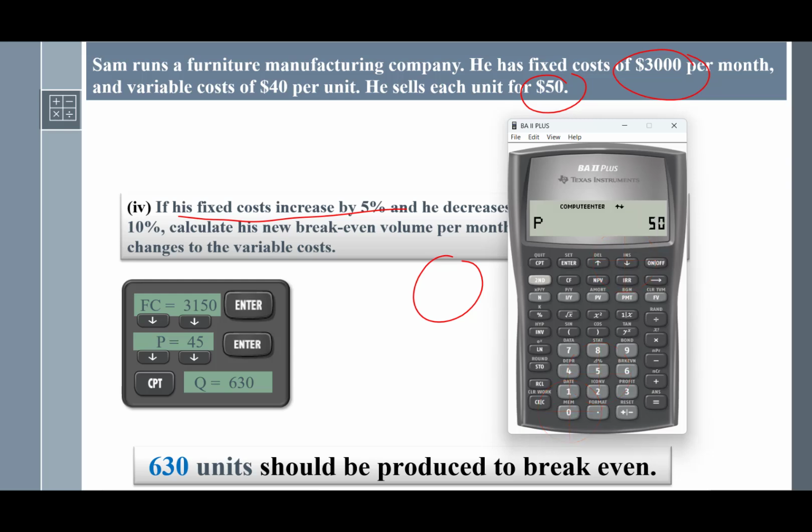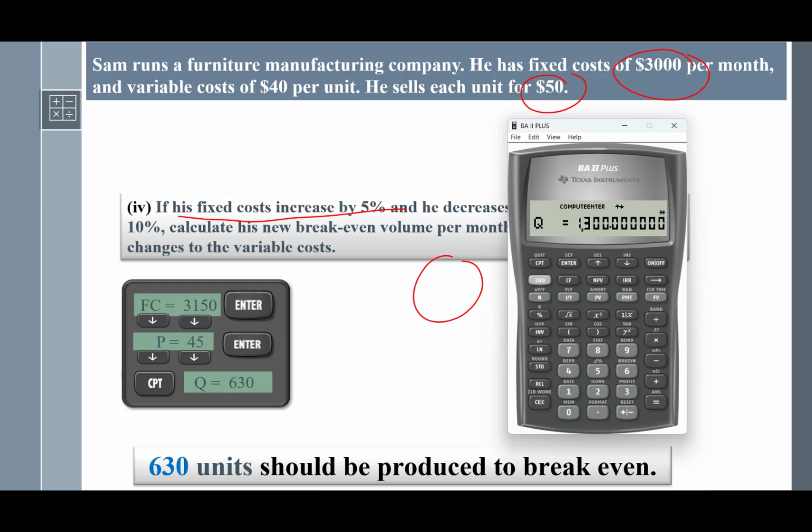Let's assume they asked for how many items they have to sell to make a profit of $10,000. So here I'm going to enter $10,000, right? And I'm going to go and check the CPT. To make a profit of $10,000, they have to sell 1,300 units.